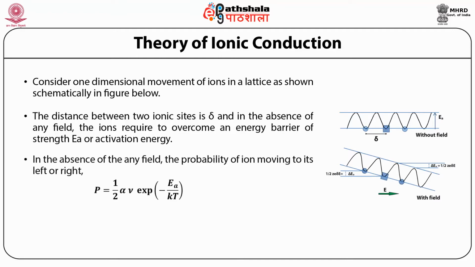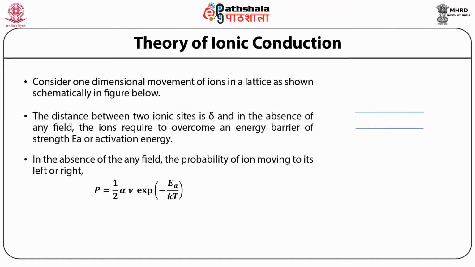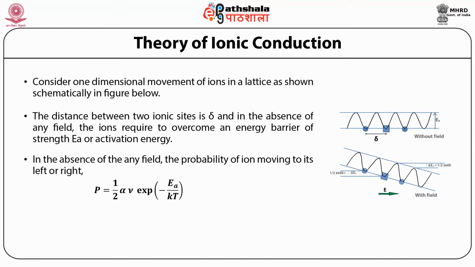In the absence of any field, the probability of an ion moving to its left or right according to Boltzmann's statistics is equal and given as P equals 1 by 2 alpha nu exponential minus E_A by kT.